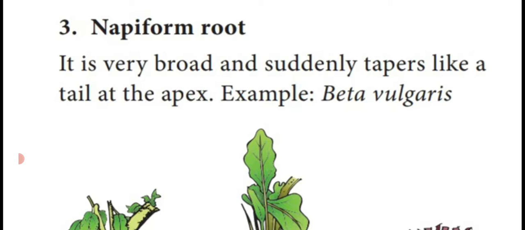What is the top? Bambaram in Tamil, isn't it? So the shape of the root looks like a top, very broad at the base, and suddenly tapering like a tail towards the apex. That type of shape is known as napiform root. Example, beetroot. The binomial name of beetroot is Beta vulgaris.